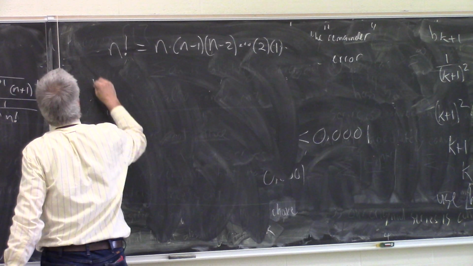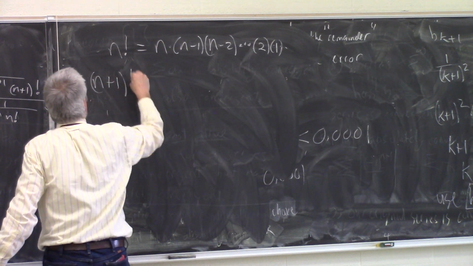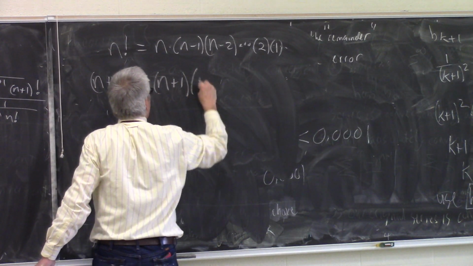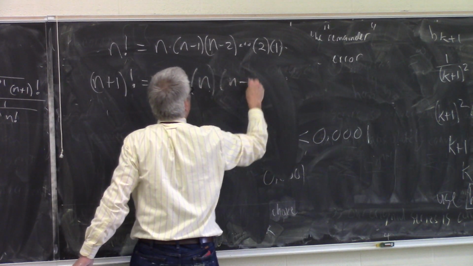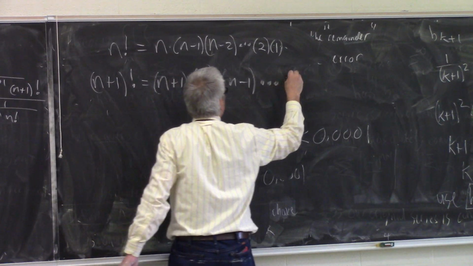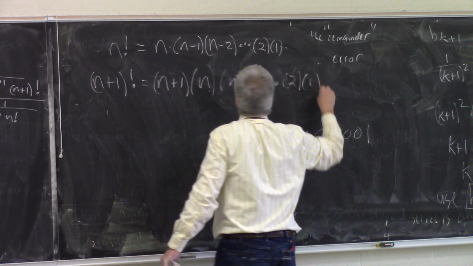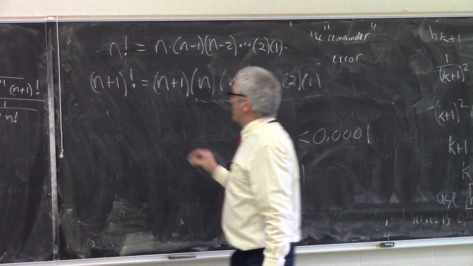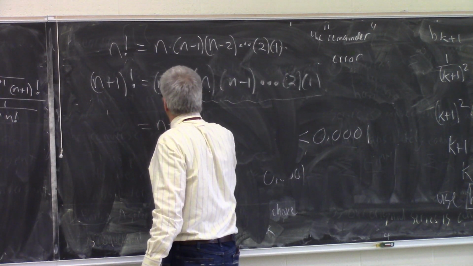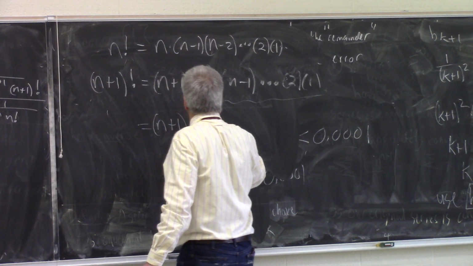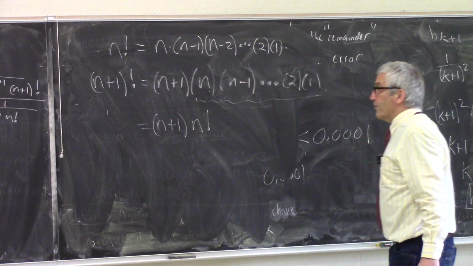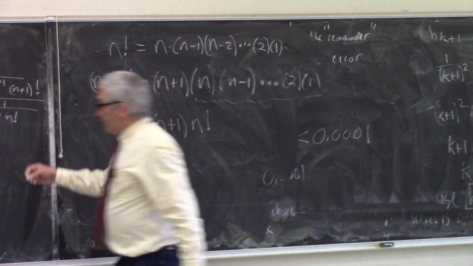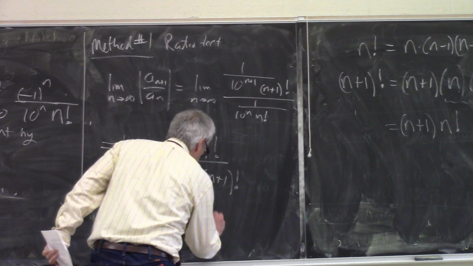What's (n+1) factorial? Well, that's (n+1) times n times (n minus 1), all the way down to 2 and 1. Oh, but look at this. This much is n factorial. So (n+1) factorial is just (n+1) times n factorial. So this ratio is just 1 over (n+1).